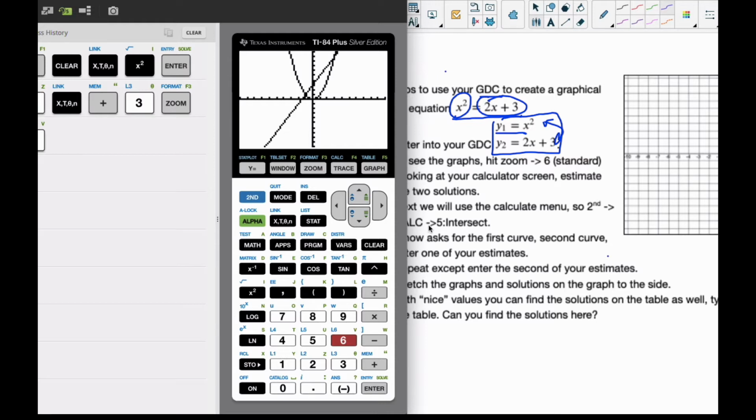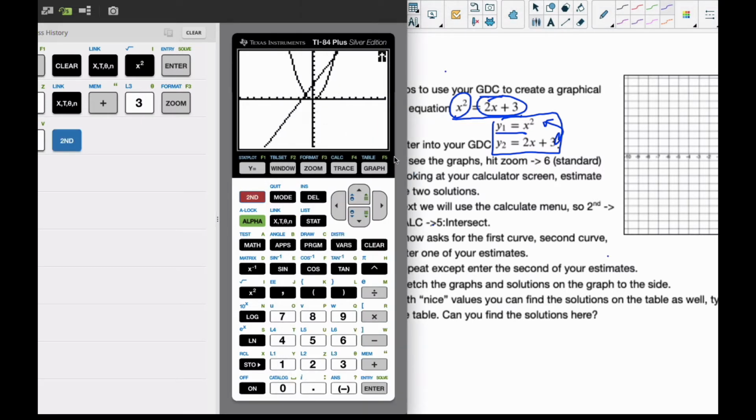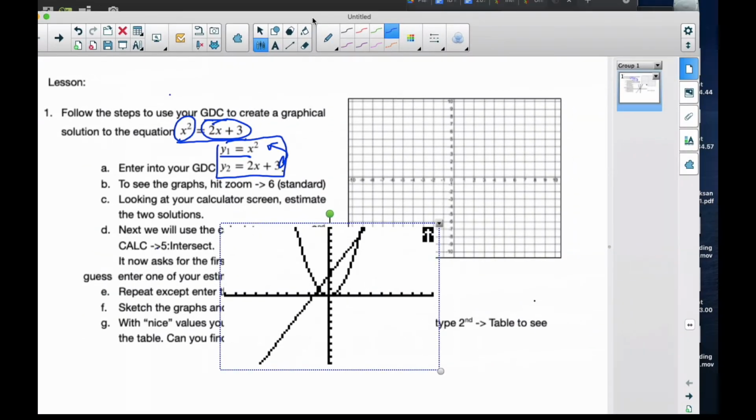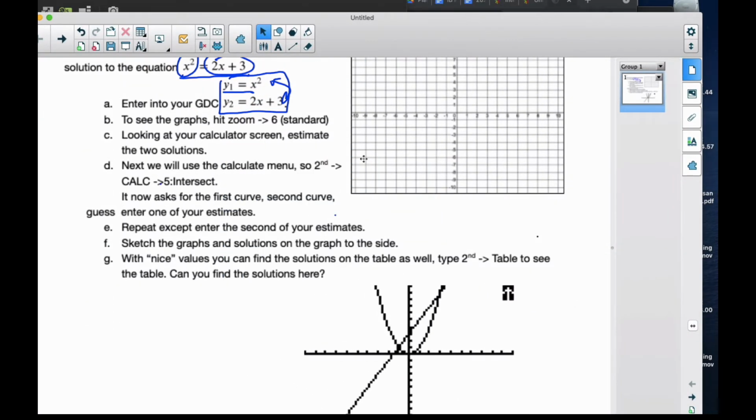Now that you're back, on the screen we should see two solutions. When I look at the screen, I can see, as we know, two solutions here. It's where they intersect, here and here.